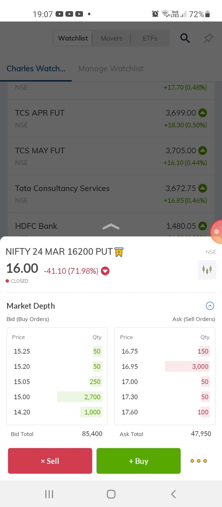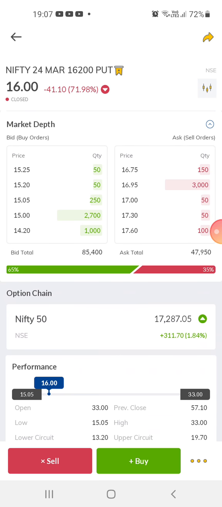I don't do that, because Nifty is mostly the index in which I trade. I don't have any issue with that, volatility is good, and there's a good fluctuation of price. So I usually do index.